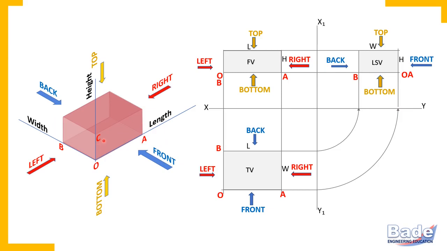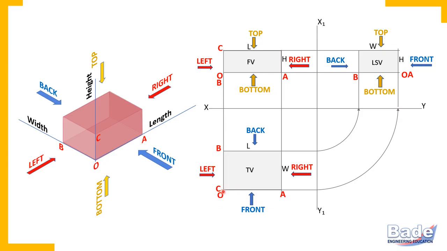Point C is on the front, but in front view, front back are insignificant. So to locate point C in the front view, check whether it is at top or bottom. So point C is at top and it is on the left side. So here it is point C. In the top view, check here, point C is on the left side and on front. So this is left and this is front.